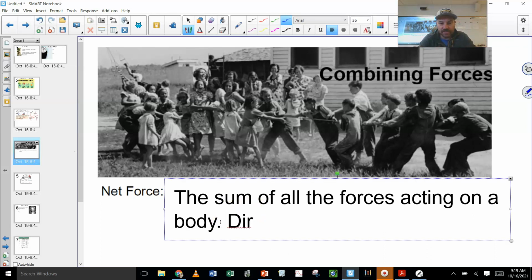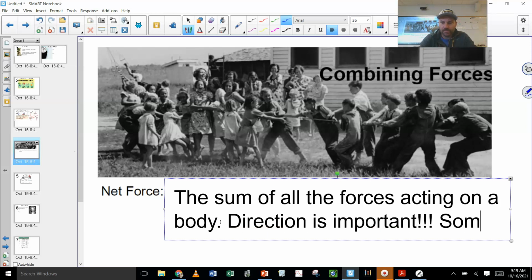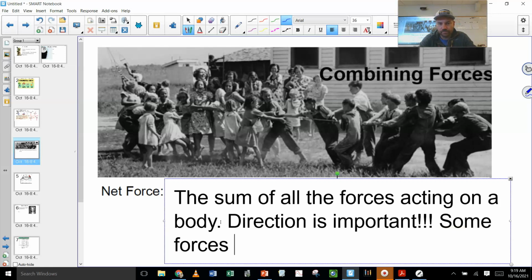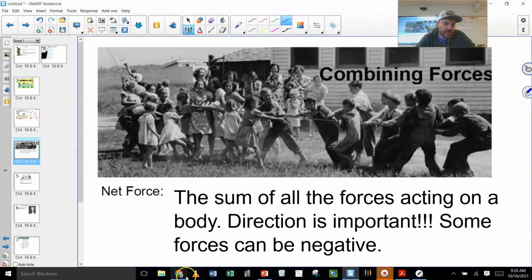We should probably add that direction is important. Some forces can be negative, as you saw in my example. The net force can also be 0.